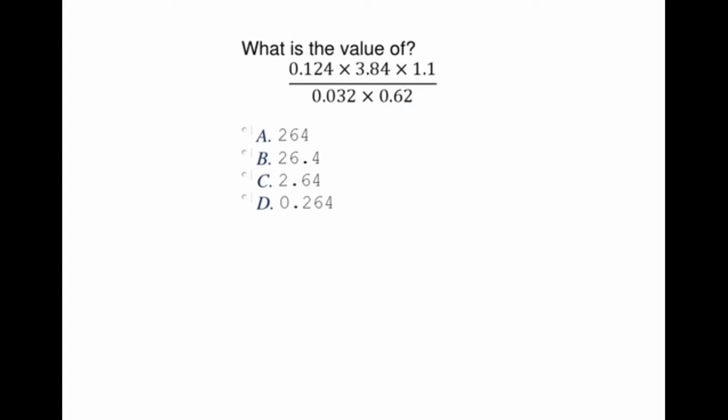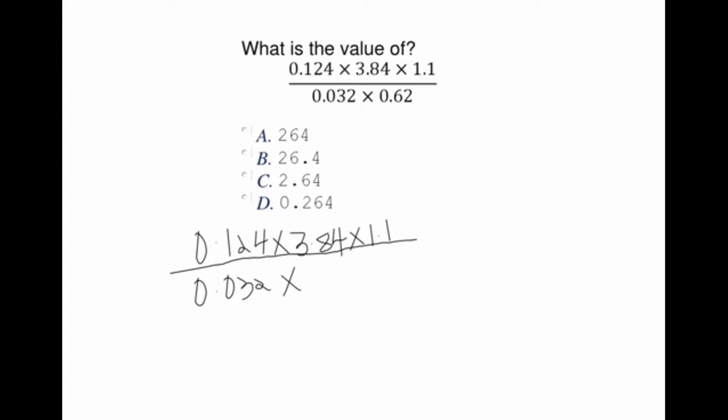So our numerator, we have 0.124 multiplied by 3.84 multiplied by 1.1. Then we divide this by 0.032 multiplied by 0.62. So first we have to know the number of decimal places.